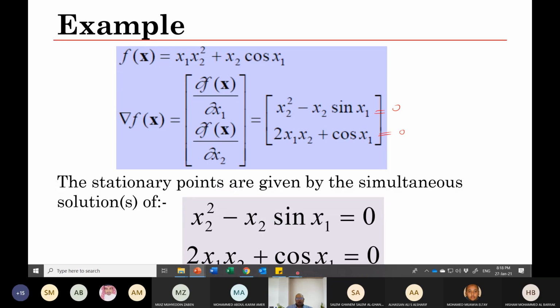Of course, these are nonlinear equations, and you can use any iterative method to solve them, like the Newton-Raphson method or the Gauss-Seidel method or whatever.